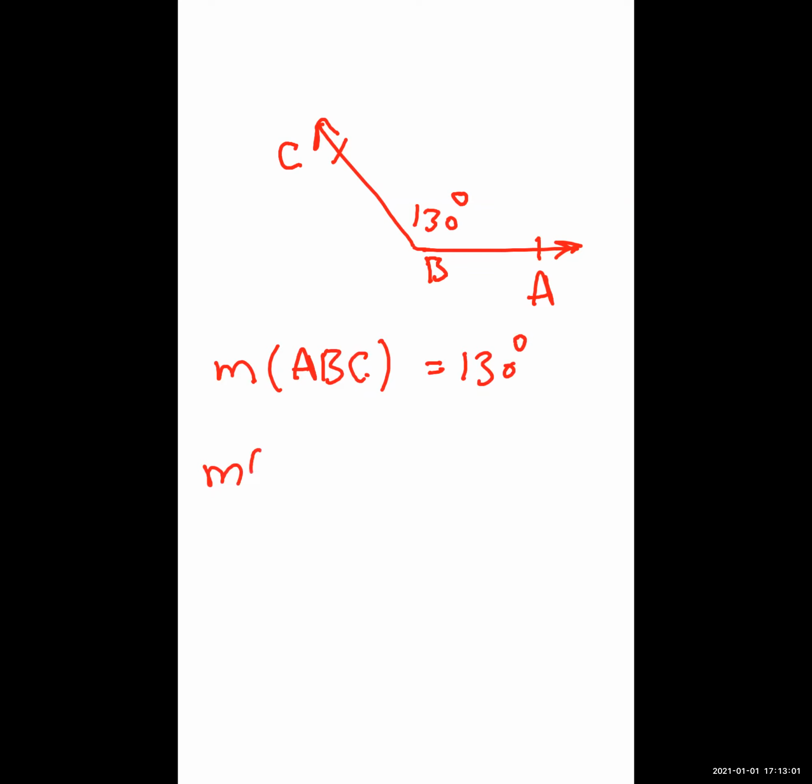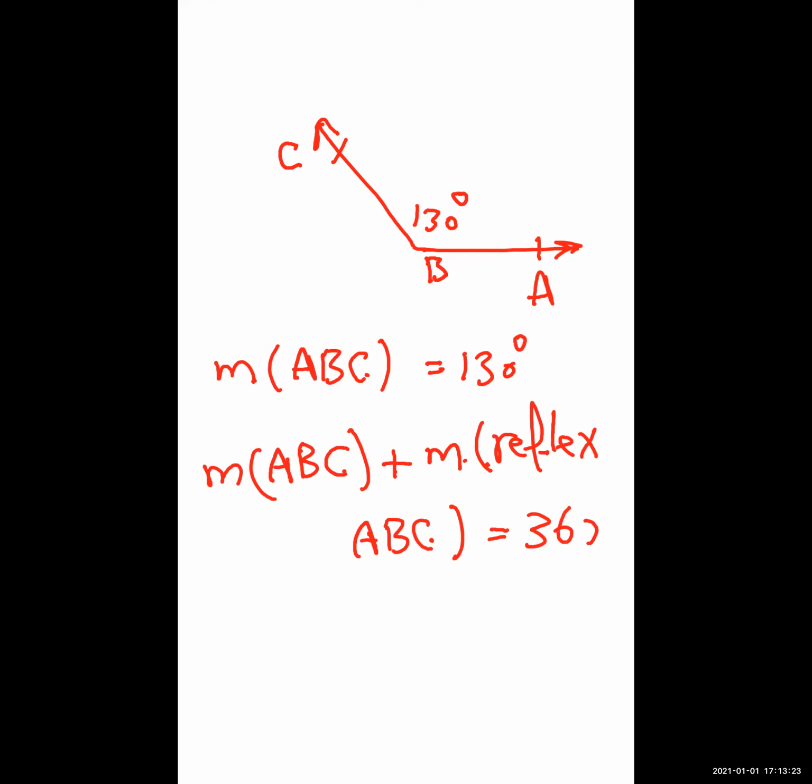So the measurement of angle ABC plus the measurement of reflex angle ABC will equal 360. So this means this angle is 130, so the reflex for this one, the blue one, will be 230.